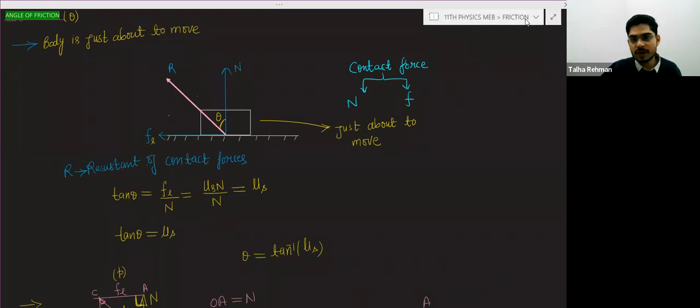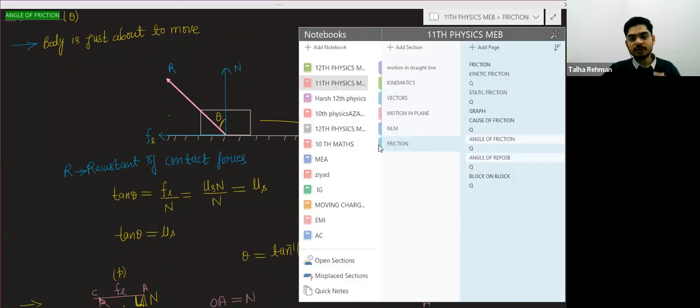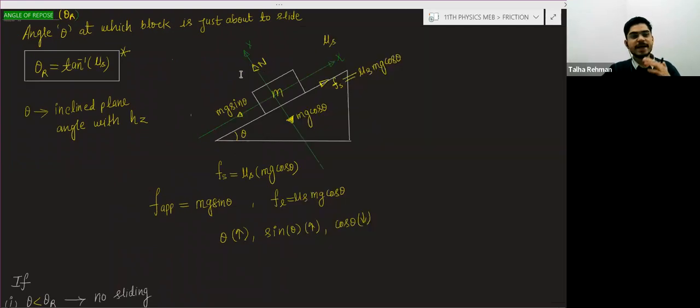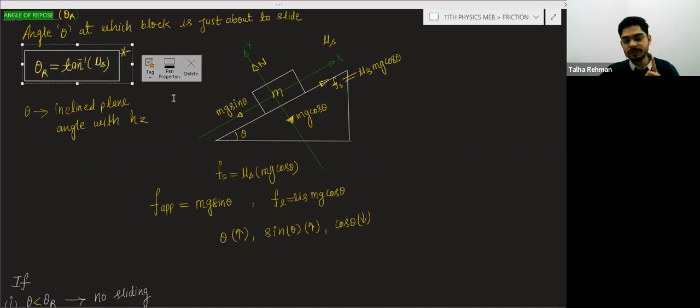After that, I have to tell you what the angle of repose is. Basically, the angle of repose is the angle at which the block is just at the verge of sliding. This formula you should learn.